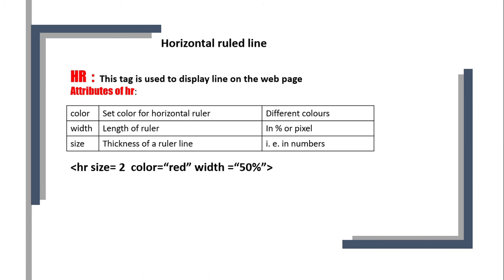Suppose we do not give any width percentage, then you get the line across the whole web page. But if we give 50%, you get the line across half of the web page. So the horizontal ruler has different attributes: color, width and size.